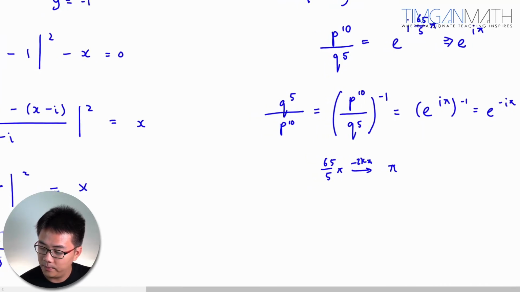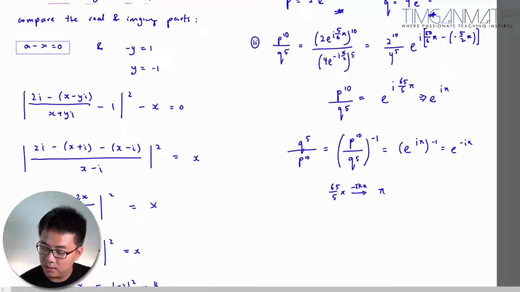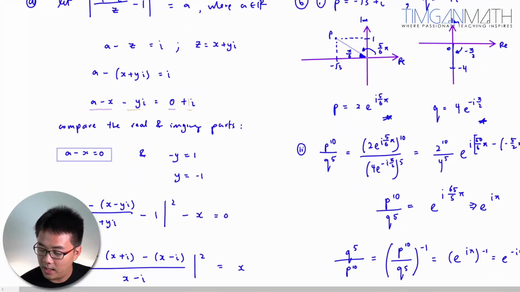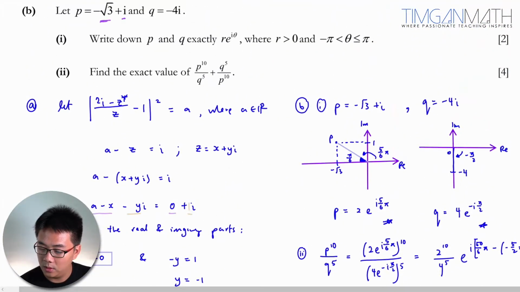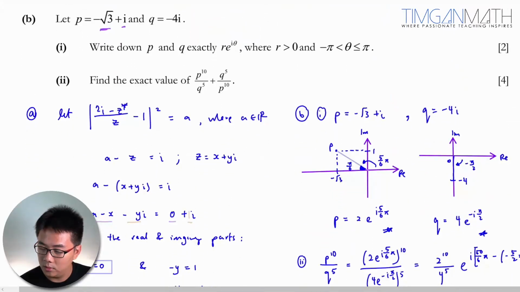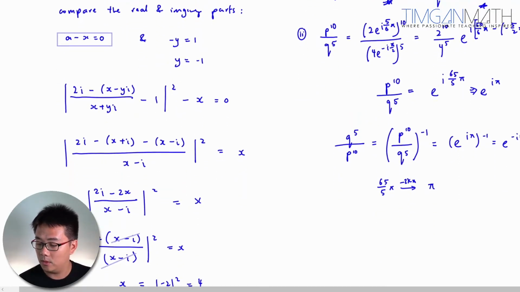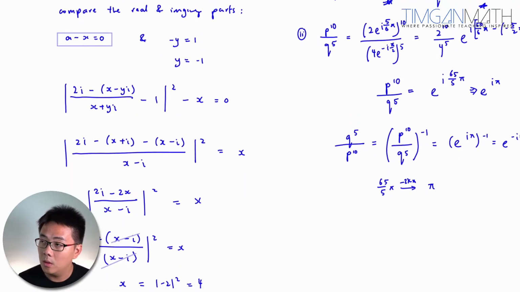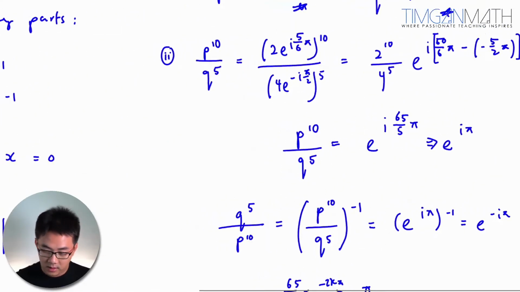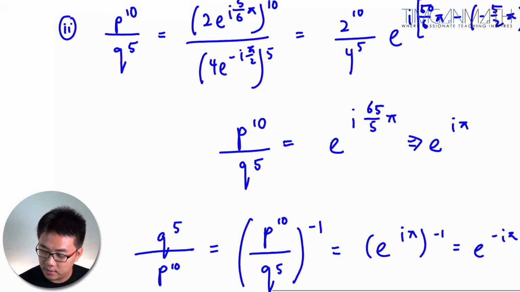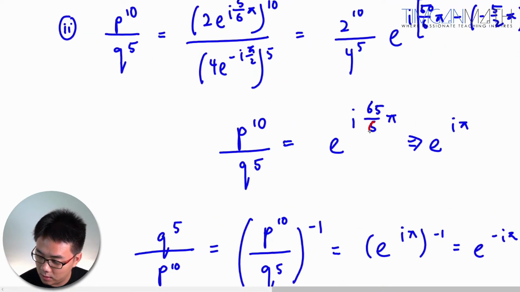So from here, what we're going to get is actually just to add them up. Okay, I realize I made a mistake here. This is 65 over 6 here. So sorry.